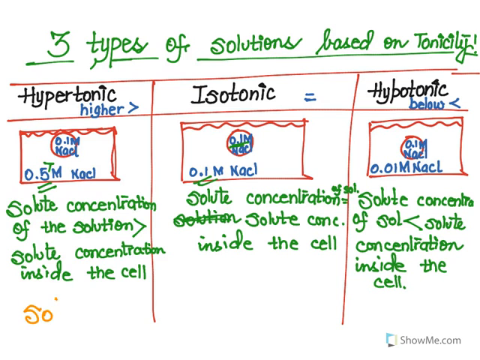Basically, solution is greater than the cell. Here, solution and cell are the same. Here, solution is less than the cell. All right, so that was about the three types of tonicities. And let's move on to the type of water movement that happens in these three different types on the next page.